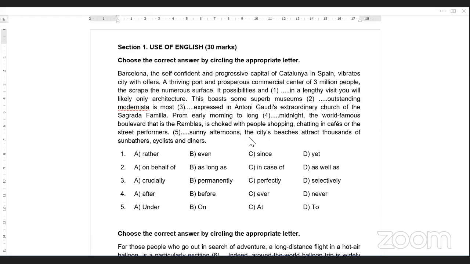Can you give me your answers? For the first one, Barcelona, the self-confident and progressive capital of Catalonia in Spain, a vibrant city, a thriving port and prosperous commercial center for 3 million people, describe the numerous its possibilities.